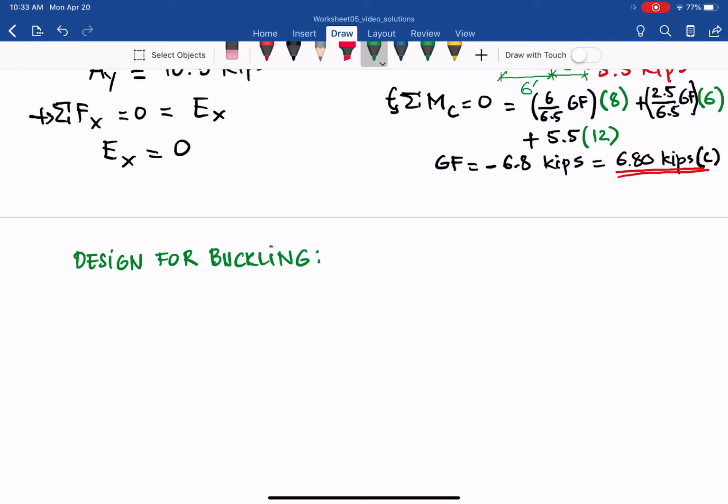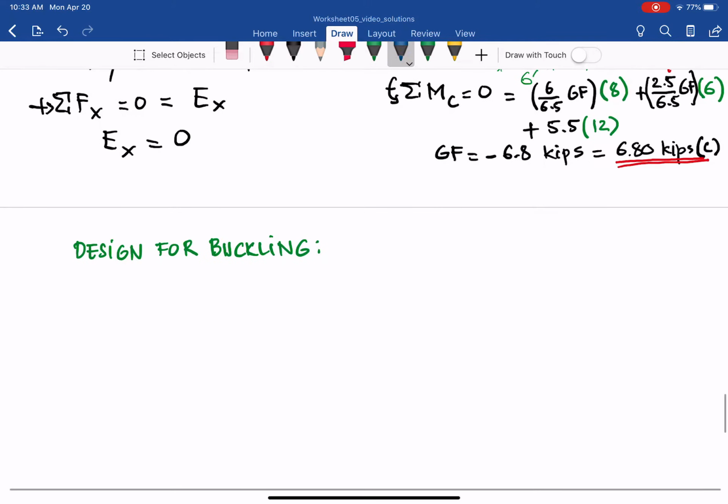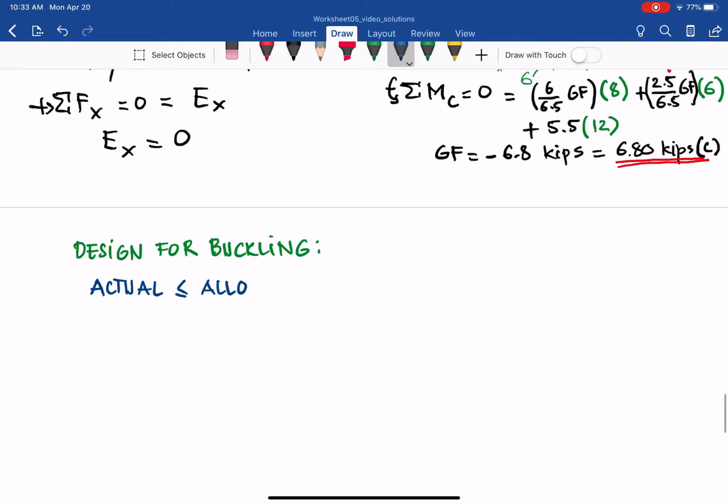As you can see, the equation is always that the actual is less than the allowable. We already did this in the previous worksheet.